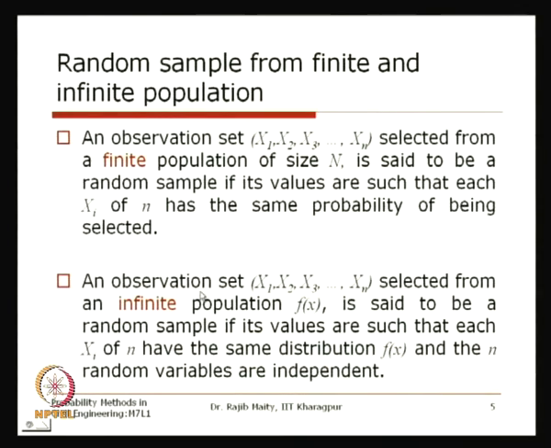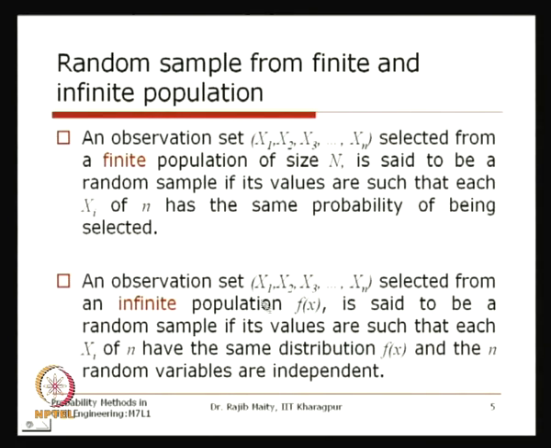And the second one, if the population is infinite, an observation set again x1, x2, x3 up to xn is selected from an infinite population f(x). When we talk about an infinite population, we generally denote it through its probability density function, here f(x). It is said to be a random sample if its values are such that each xi of n has the same distribution f(x) and the n random variables are independent.